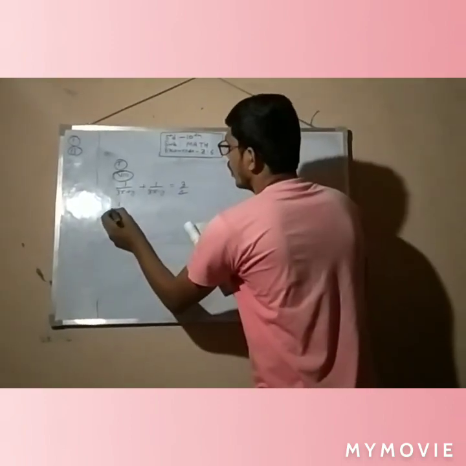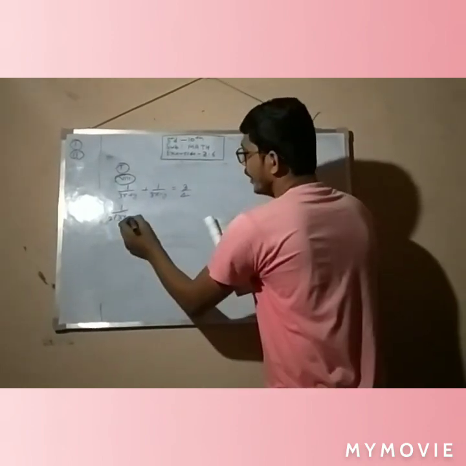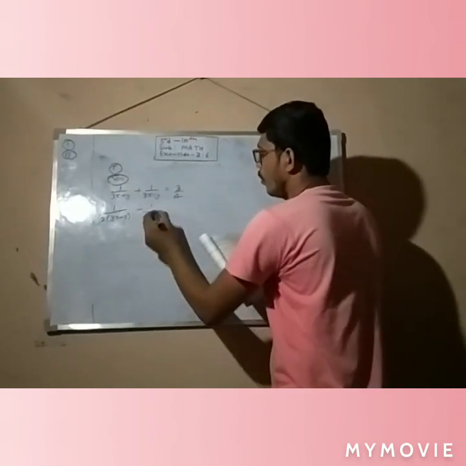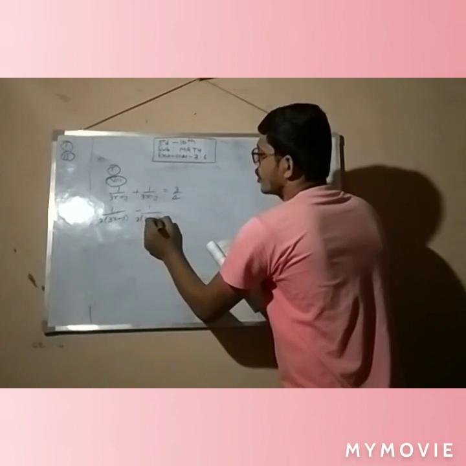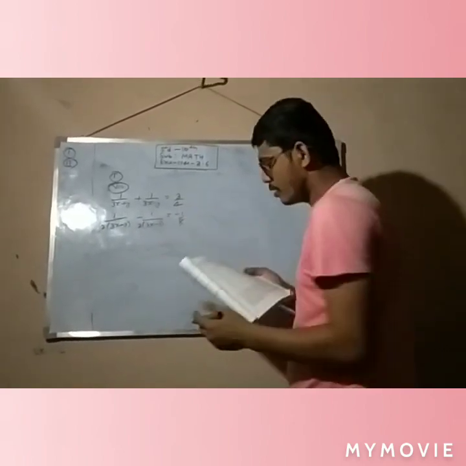Second equation, 1 upon 2 times (3x + y) minus 1 upon 2 times (3x - y) is equal to minus 1 by 8.